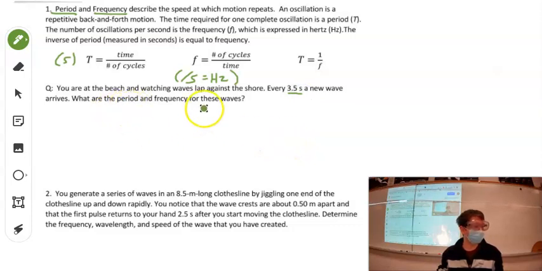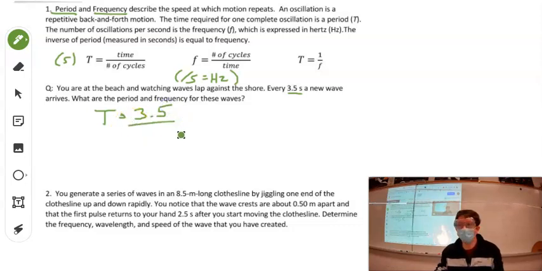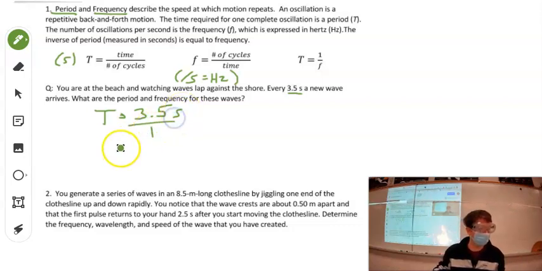You're wondering, okay, what's the period and frequency? Well, the period is time over cycles. So you got 3.5 seconds, okay, and you only measured one cycle from one crest to the next crest. So over 1. So our period is 3.5 seconds.